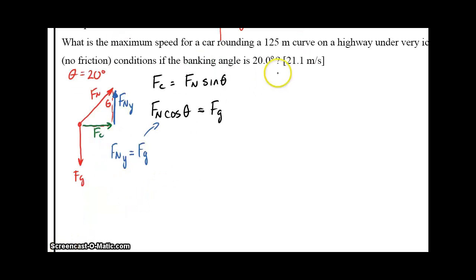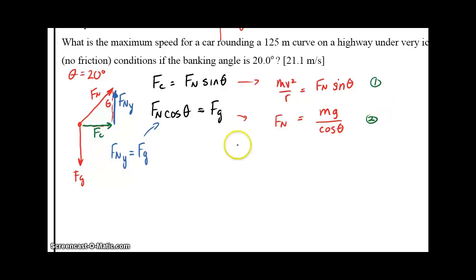So let's take these two equations and work through them a bit. For the first, we end up with mv squared over r equals Fn sine theta. And here we have Fn equals mg divided by cos theta. So we can sub 2 into 1.